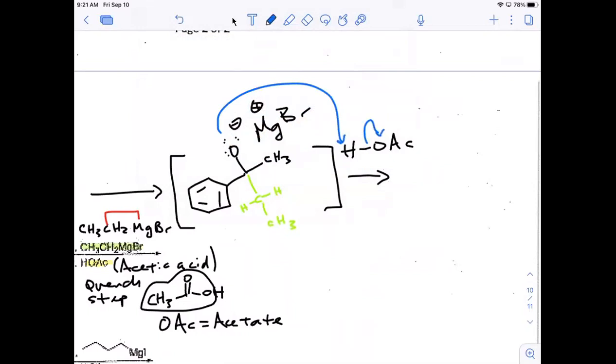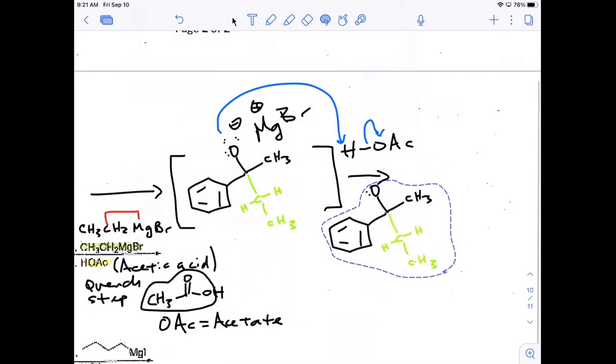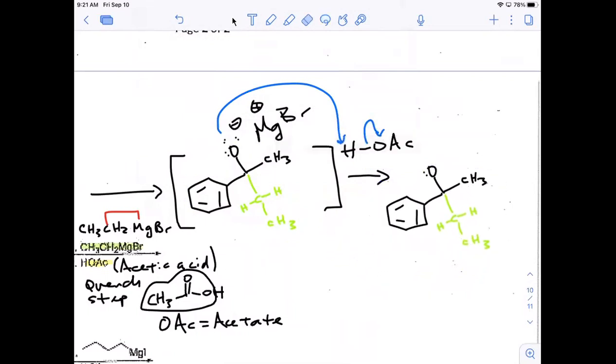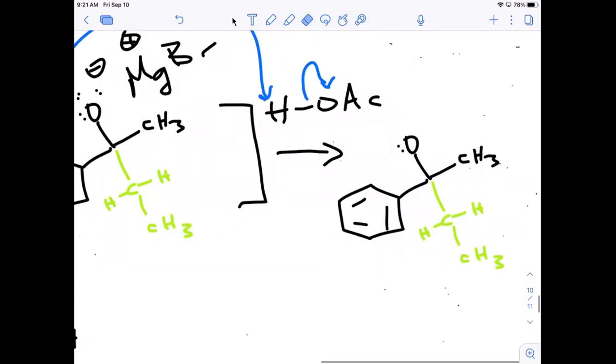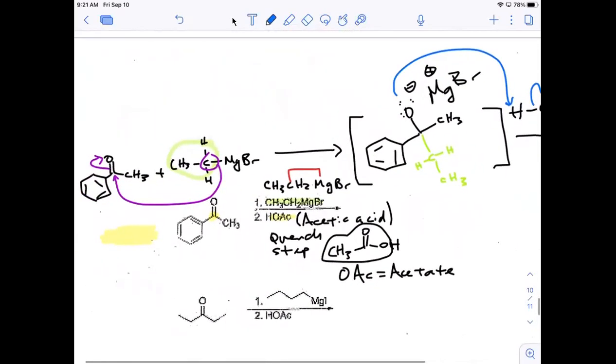And so my product, let me steal this. Write that in. So that's now OH, which is our desired product. Remember, it's a ketone, so a Grignard plus aldehyde or a ketone equals the alcohol.